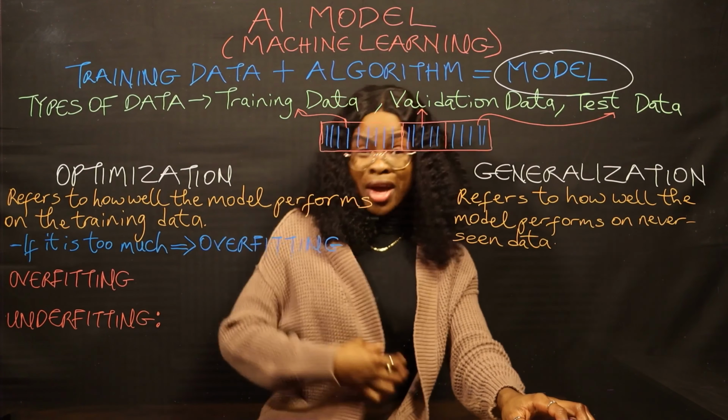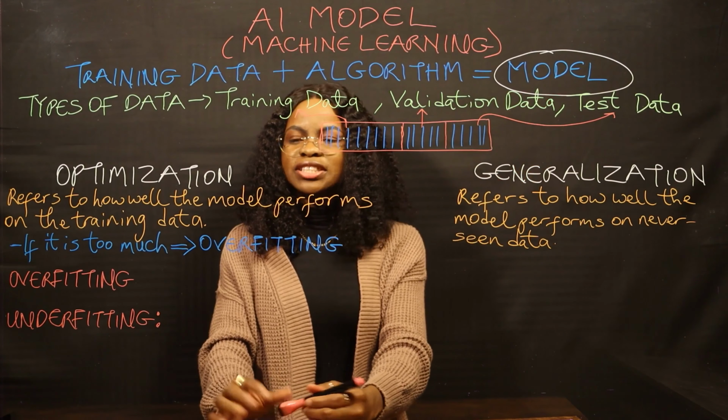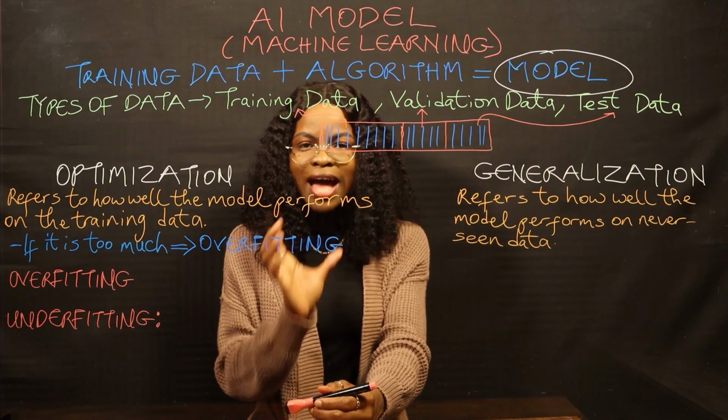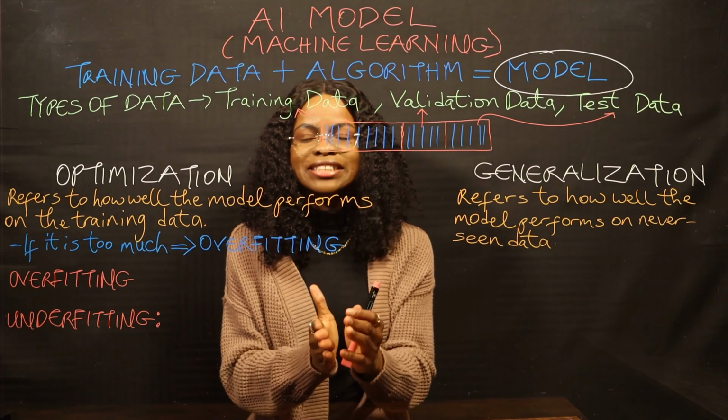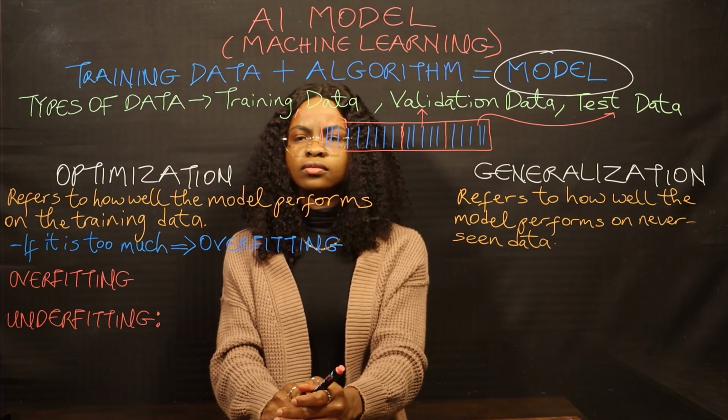Underfitting occurs when our model doesn't learn the relevant or underlying patterns in the training data. So that means it doesn't optimize well.